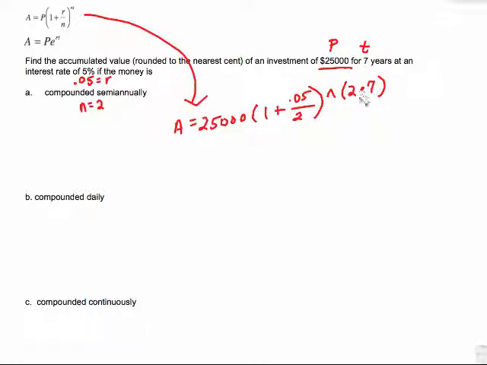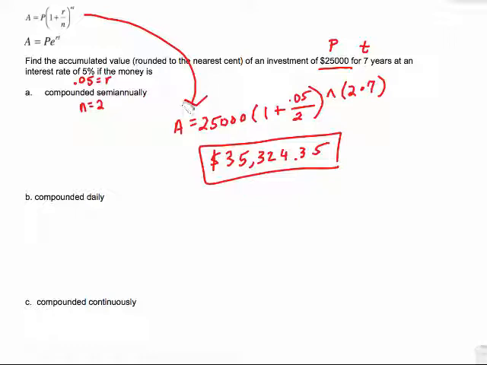Now, when it's this small, instead of doing parentheses of 2 times 7, you could just do to the 14th, because you could do that in your head. But you'll see on the next one, you're not going to do that part in your head. This now is just a straight calculator problem. You enter it exactly as you see it, including those parentheses. And what we get is $35,324.35. So we want to round it off to the nearest cent.